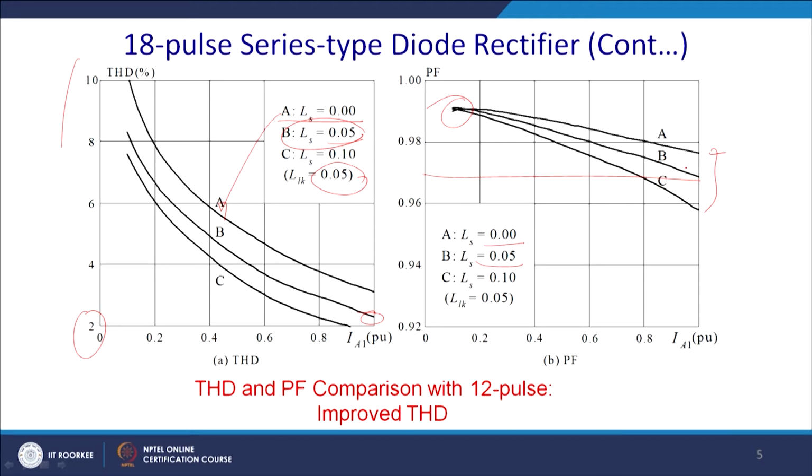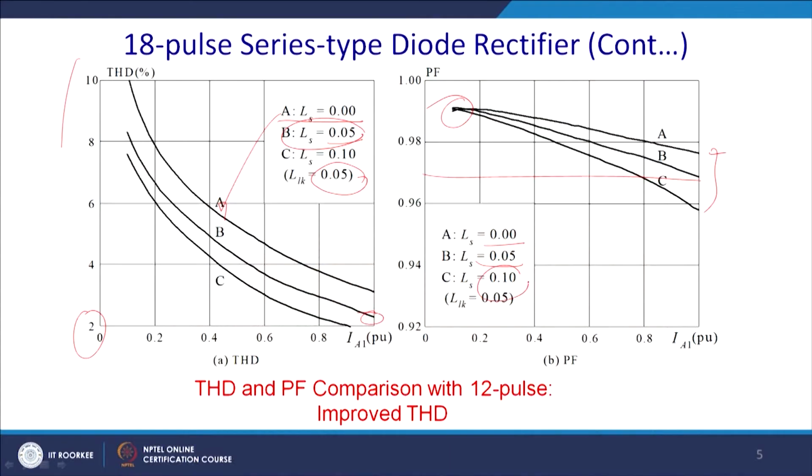Generally we do not have a source inductance of 10%, but if you have, then you get around 0.95, which is also quite acceptable. If you have a 0.95 power factor and THD below 2%, it satisfies all the standards.